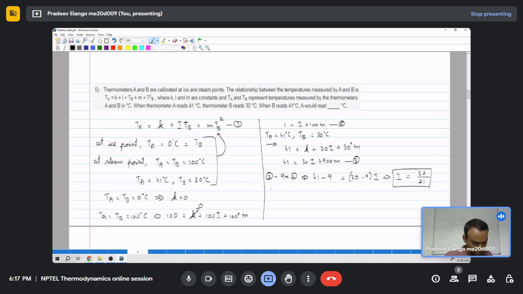Substituting this in equation 2, we will have 1 is equal to 32 by 21 plus 100 m. Now we can calculate m as m is equal to 1 minus 32 by 21 whole by 100.